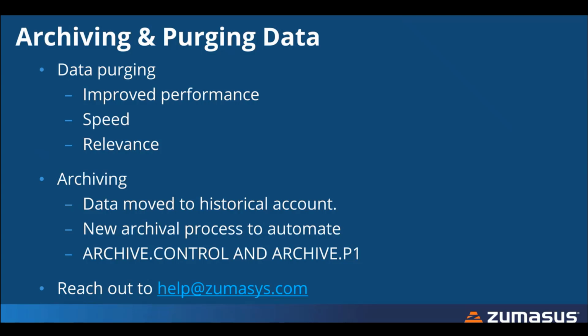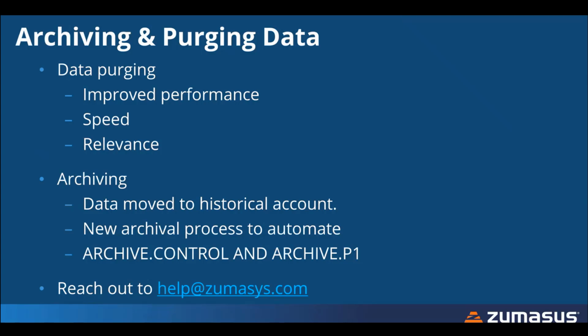The benefits of this include improved performance, speed, and data management. Your users are only seeing data that's relevant to them for the business. This is a feature that has been around in older versions of Rover, but it was a manual process mostly done by super users or engineers assisting with the process.